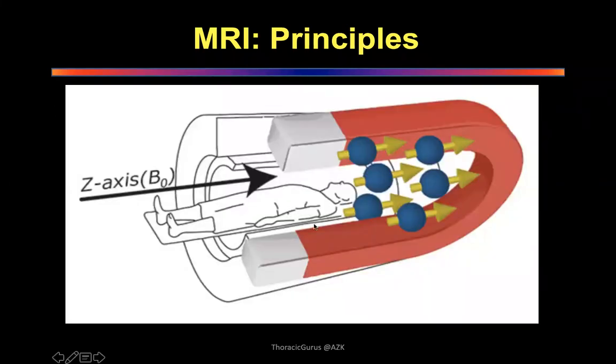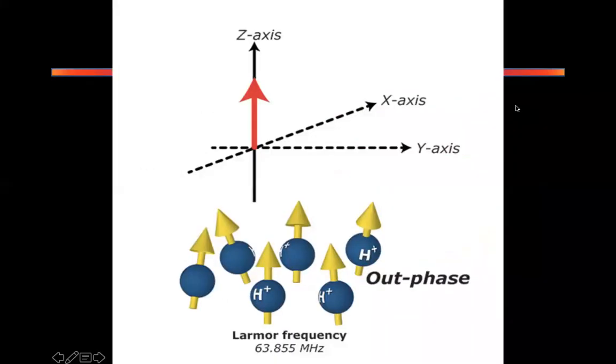So this is how you are. Your protons are moving left, right, left, right. The moment you apply a strong magnet, all the protons align themselves to this magnet. And the shift from the y-axis or the x-axis to the z-axis is what is interpreted by the machine.